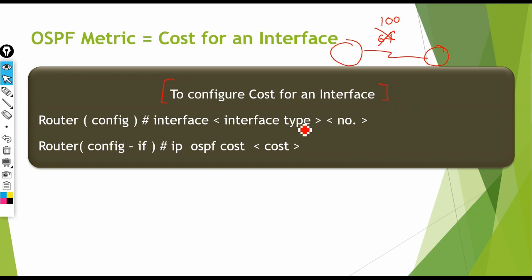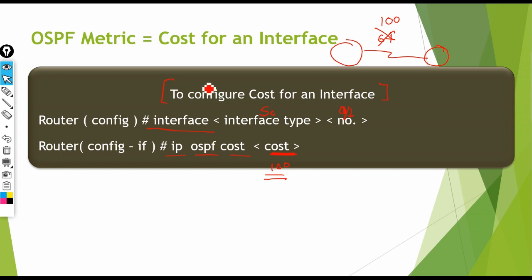How to change? You go to interface mode on the router, say interface serial, let's say serial 0 or serial 1, then ip ospf cost, and you define the cost value as 100. It will be changed. So you can change the interface bandwidth as well as the interface cost directly.